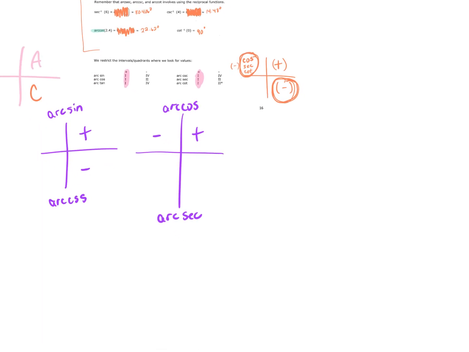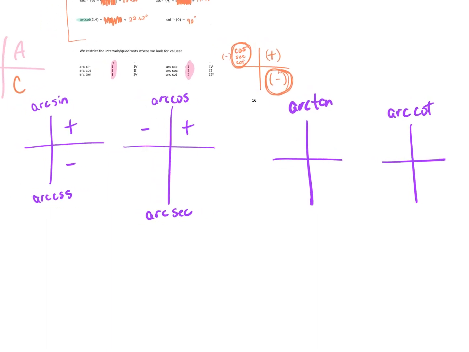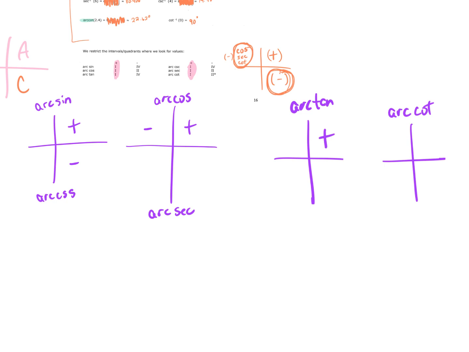And then we actually have to draw two for this because we want to look at the arc tangent, and our arc cotangent is separate. Yikes. I'm trying to talk and write. It's not working well. Okay, so for arc tangent, we're going to look in quadrant 1 if it's positive, quadrant 4 if it's negative.